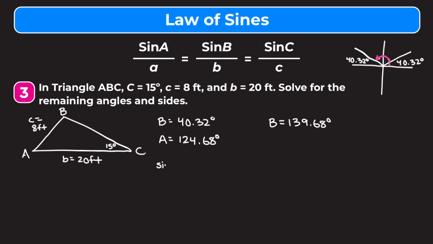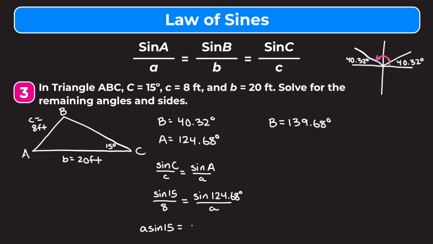We're going to say the sine of angle C over side C is equal to the sine of angle A over side A. We plug in what we know. The sine of C, where C is 15 degrees, over side C, which is 8 feet, is equal to the sine of angle A, which is 124.68 degrees, over side A. We cross multiply: A times the sine of 15 is equal to 8 times the sine of 124.68 degrees.